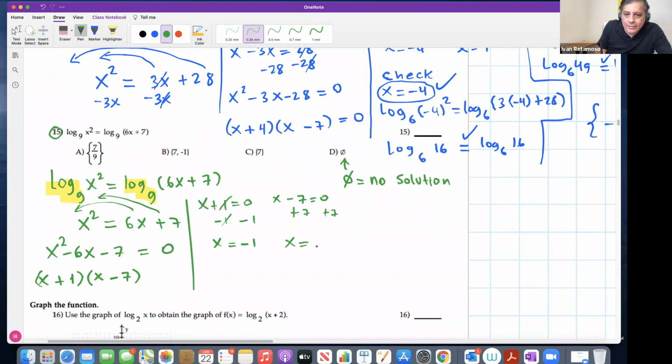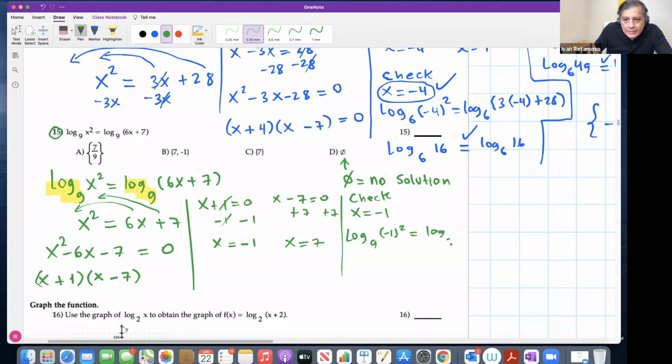These are candidates. In order to determine if they are good solutions, you have to check. So let's start by checking x equals -1 in the original equation. You substitute x with -1.